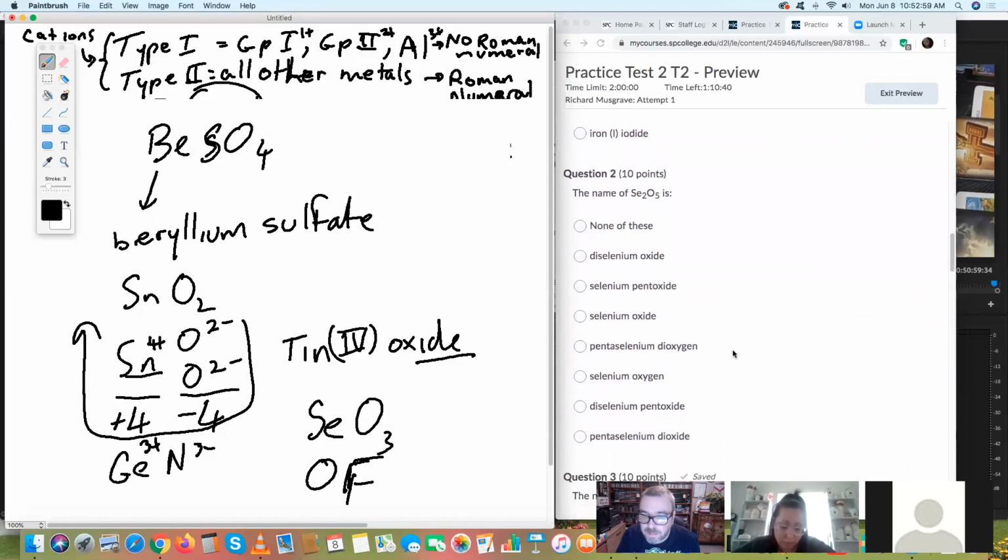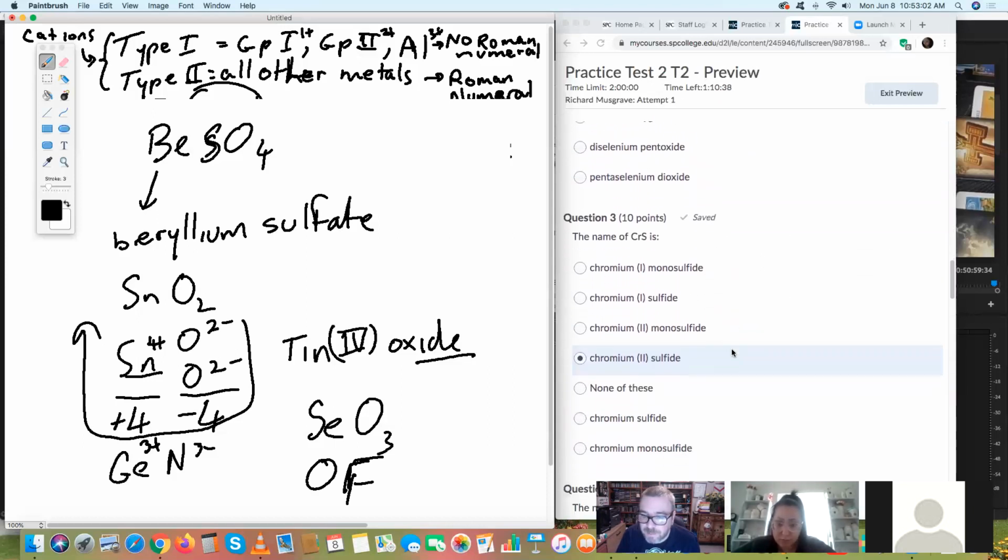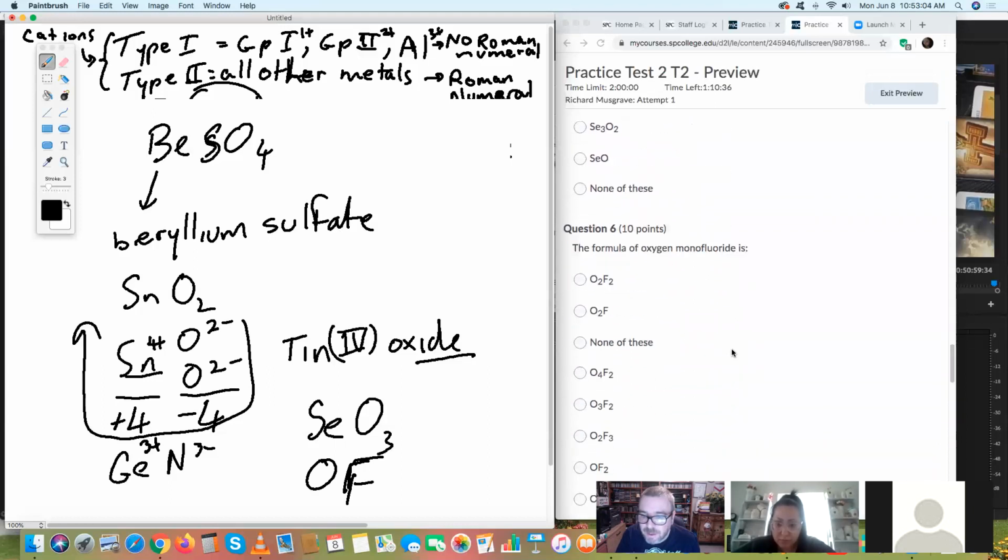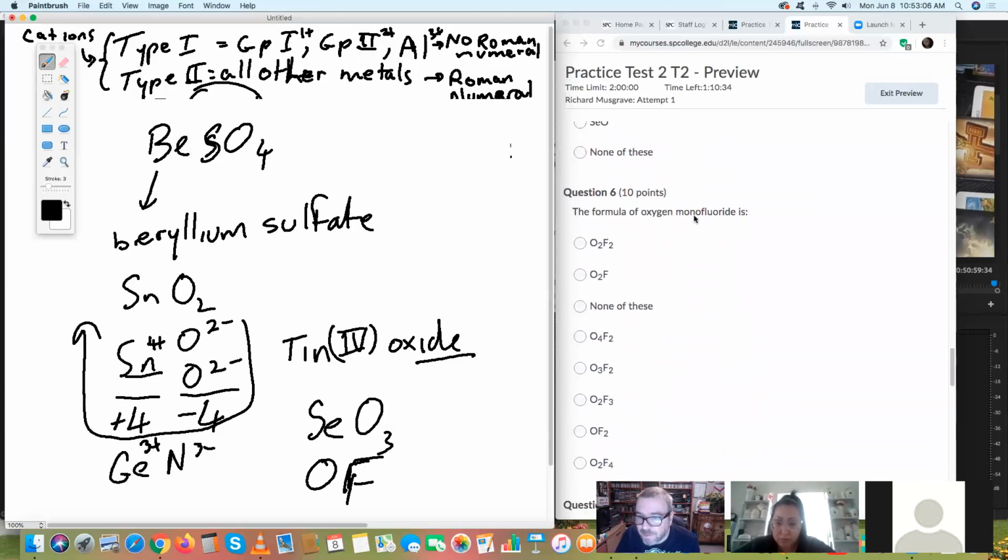But it's also a giveaway that we have a prefix here. That's a big giveaway that it's two nonmetals. And it's just 1 O, 1 F. Any questions about that one? No, I think this is clear.